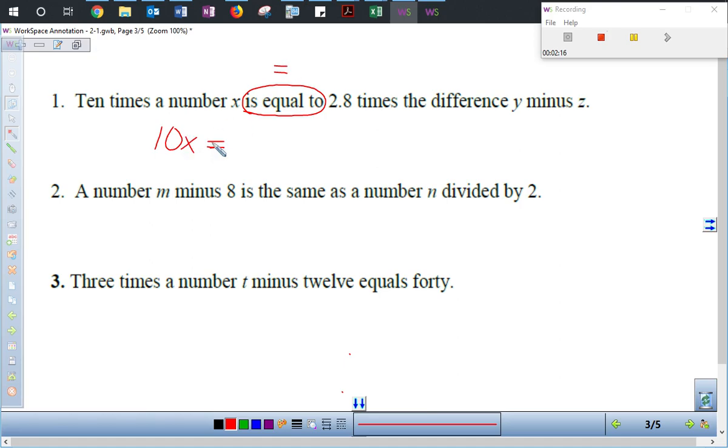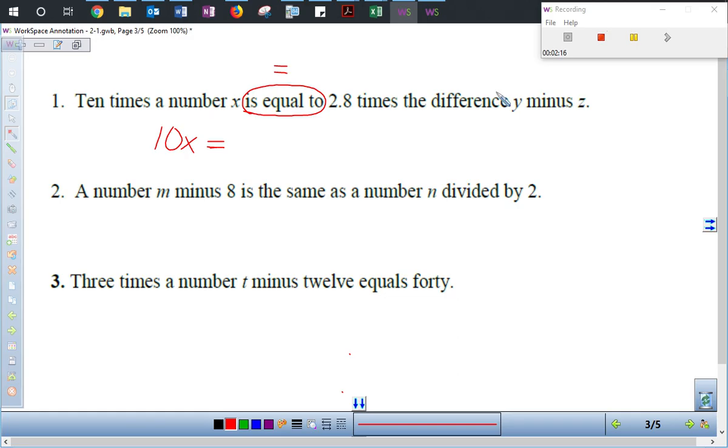And on the right side, it's just a little bit different. We haven't seen anything like this, so I just want to bring your attention to it. We're going to have 2.8 times, but we're multiplying 2.8 times a difference. And this is where things get a little bit messy. Last chapter we learned about the phrase the quantity of, and the quantity of represents the parentheses, and whatever comes after that phrase was going to go in the parentheses.